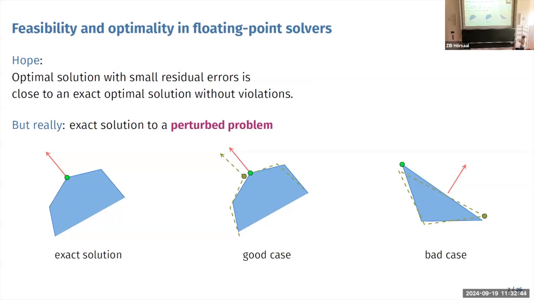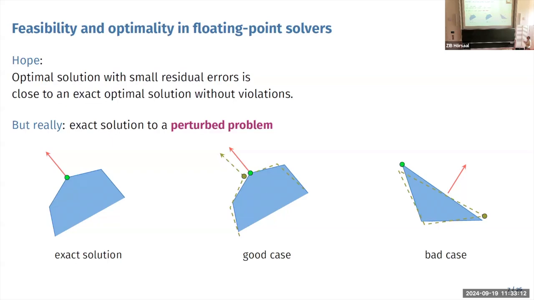Then the hope is that such solutions with small residual errors are close to really an exactly optimal solution that doesn't have any violation. So the good case would be this, right? So you get some solution here, this brownish solution in the middle, which has a small violation, and it is very close also to an exactly feasible solution.